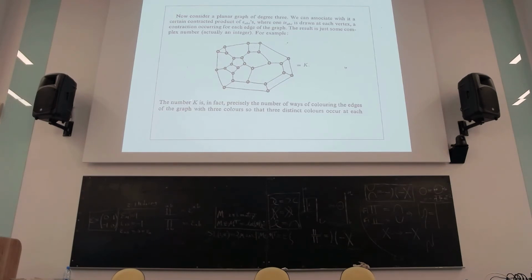And then he says this number, remember there's an I in there, and the epsilon does its sign changing. This number is in fact precisely the number of ways of coloring the edges of the graph with 3 colors, so that 3 distinct colors occur at each vertex. So it counts the number of colorings.